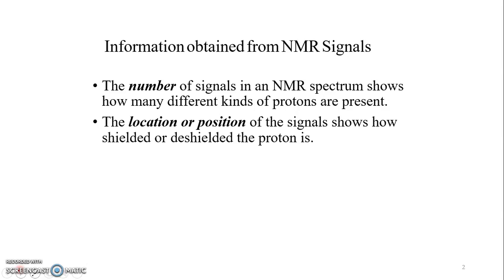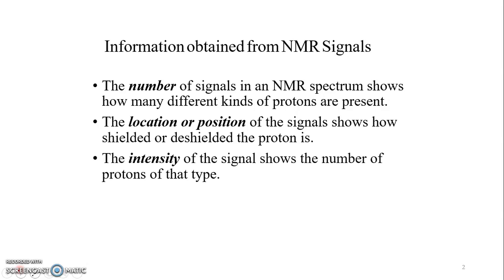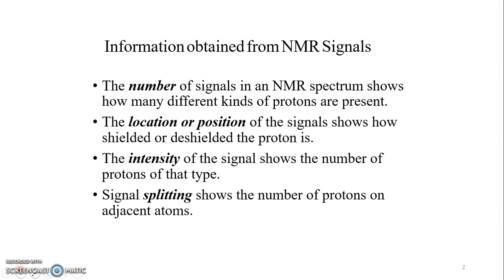Second is the location or position of the signals, which shows how shielded or de-shielded the proton is. Third, the intensity or height of the signals shows how many protons of that type are present. And fourth, the signal splitting shows how many adjacent protons are present in the given organic compound or functional group.